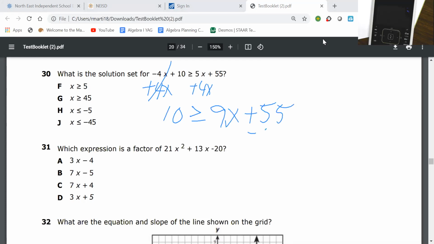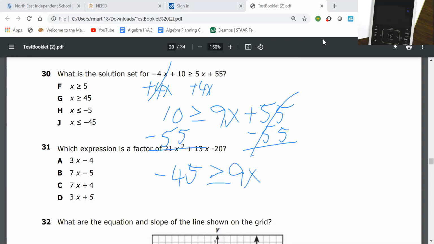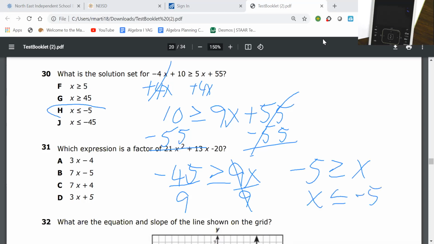When you subtract 55 from both sides, those cancel and you get negative 45 is greater than or equal to 9x. Then you divide both sides by 9 and you get negative 5 is greater than or equal to x, or if you flip that whole thing over, it's x is less than or equal to negative 5. Which is answer choice H. That's what they want you to do.